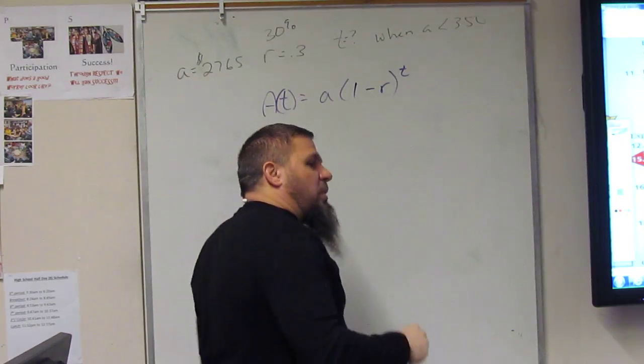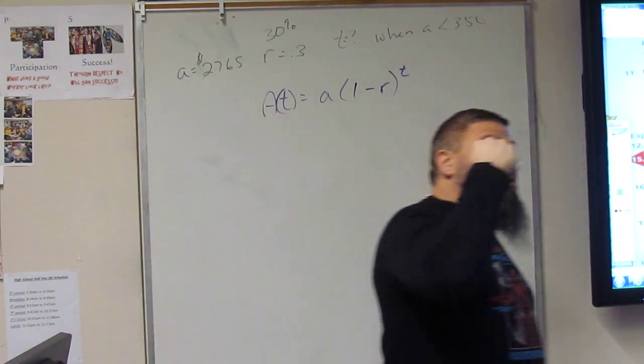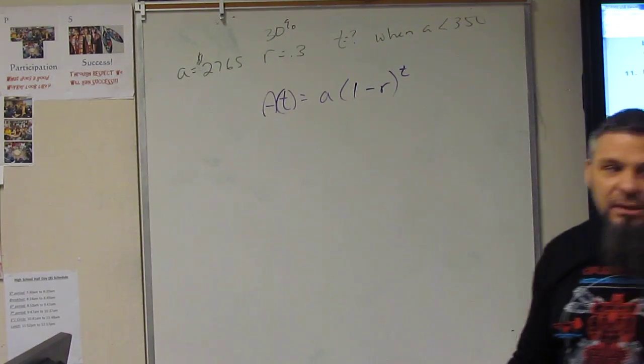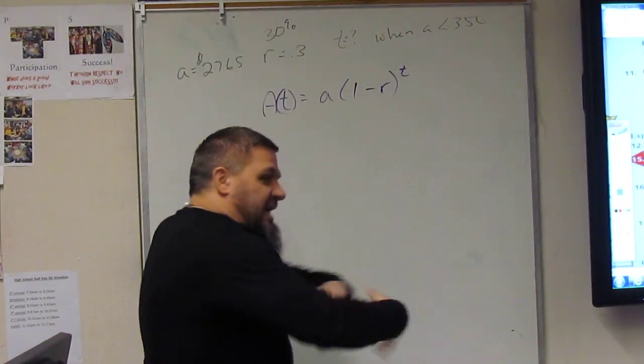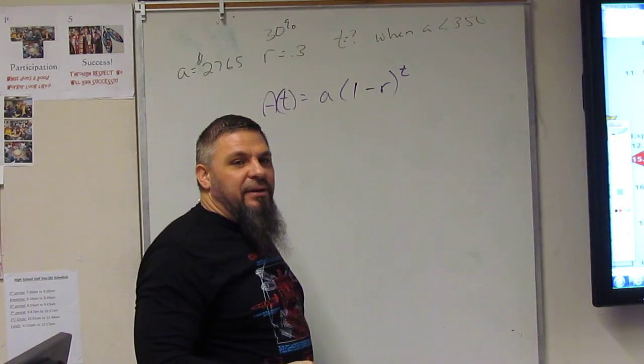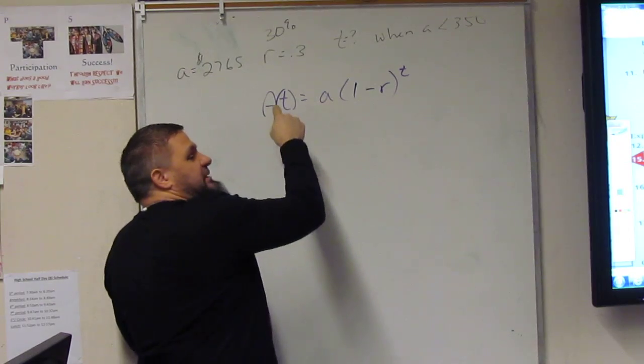The reason it's 1 minus R is because it's worth 100%, which is 1. But when you take away 0.3, how much is left? 0.7. So what's left is what you multiply against to get this amount.